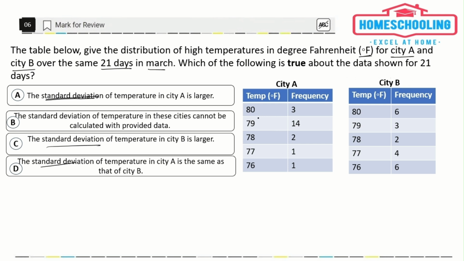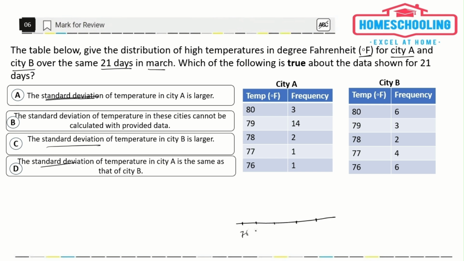As we can see, we have temperature ranging from 76 to 80, and the same here, 76 to 80 degrees Fahrenheit, and it has different frequency. So we'll put a graph here. So 76, 77, 78, 79, and 80.